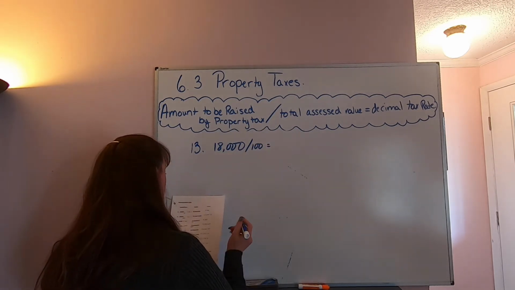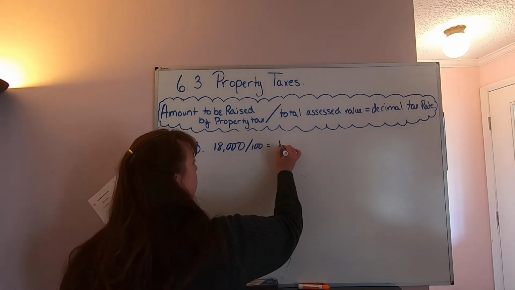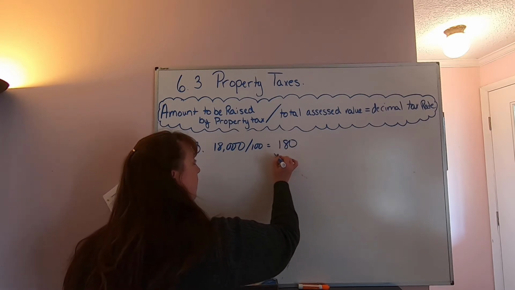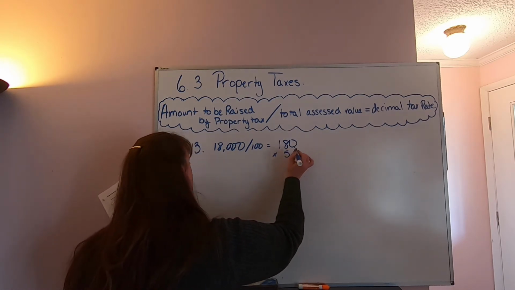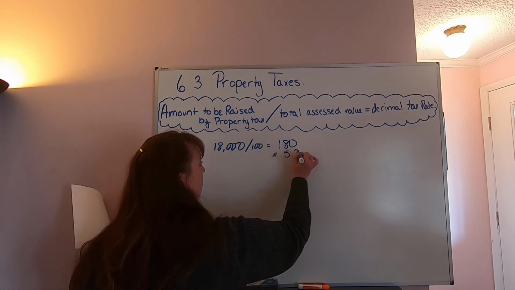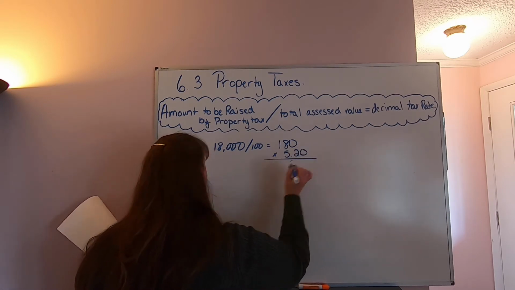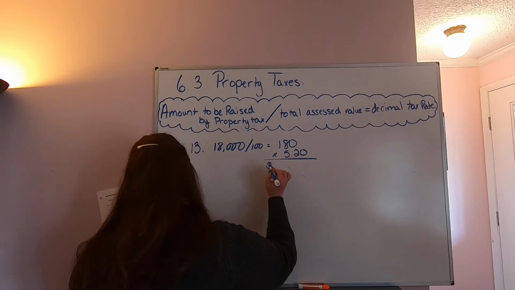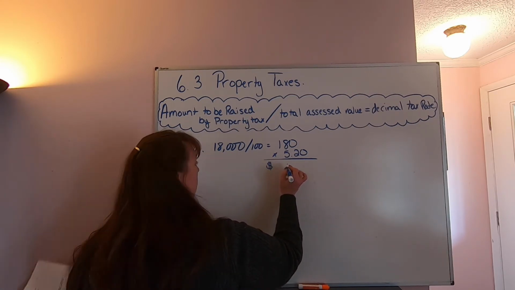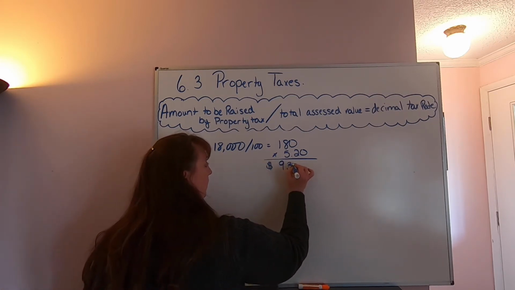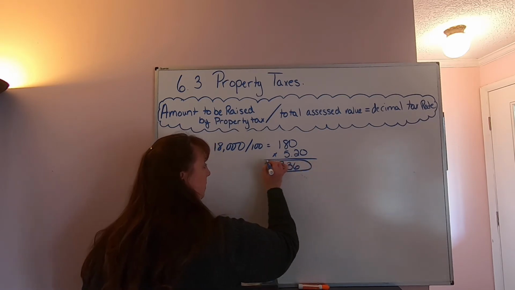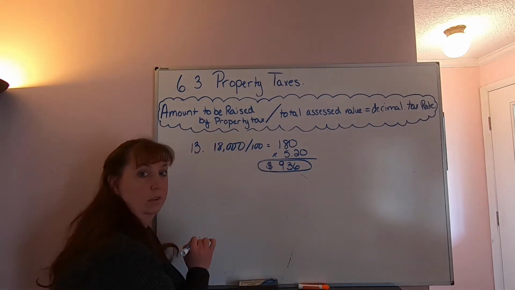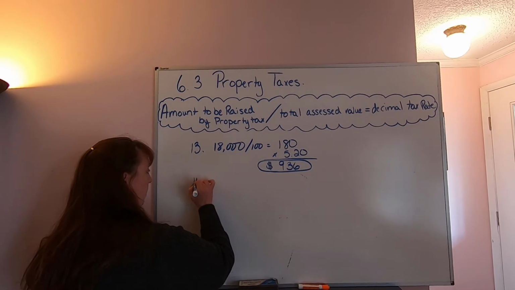When you divide that by 100, you get 180. We're going to take that times $5.20. So the tax that we owe will be $936 for question 13.